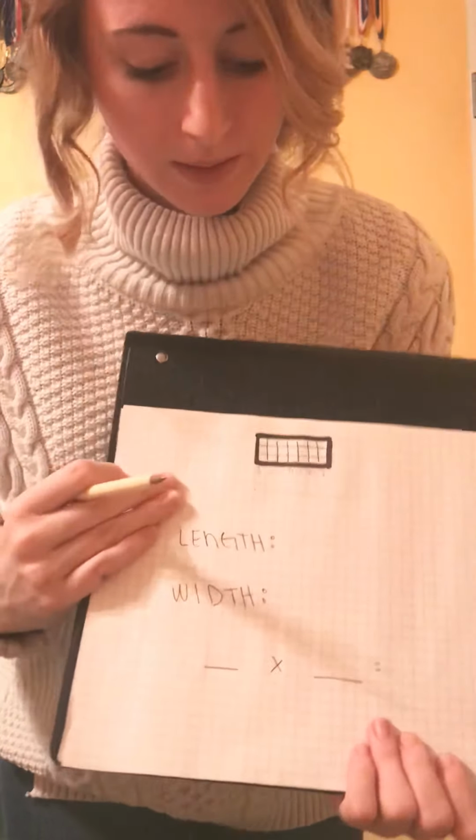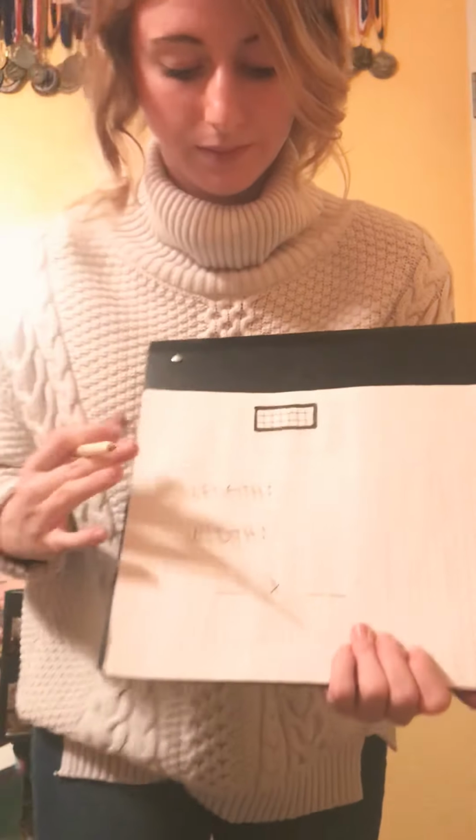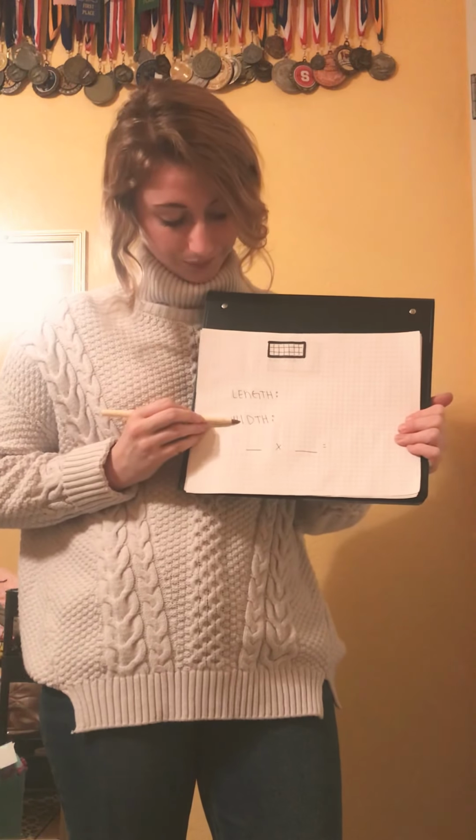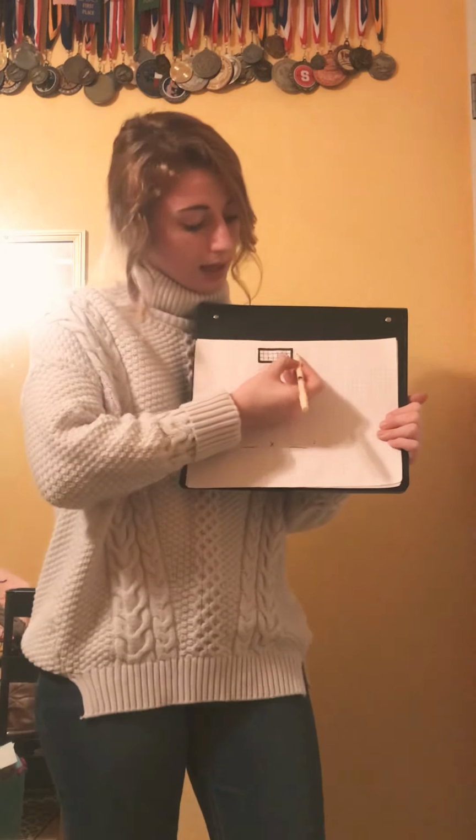So, our first simple rectangle is this one. Move it up closer. This one. And we are trying to find the area. So I have labeled right here length and width. We need to find the length of this rectangle, and we need to find the width of this rectangle.